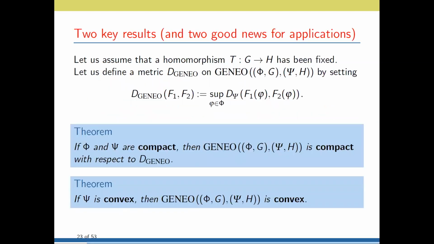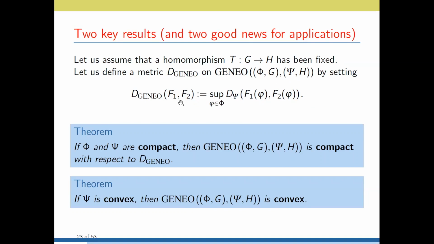Now we have two key results and two good news for applications. Let us assume that our homomorphism T from G to H has been fixed. Let us define a natural metric, the GENEO metric, on the set of all GENEOs from the first perception pair (Phi, G) to the other perception pair (Psi, H).